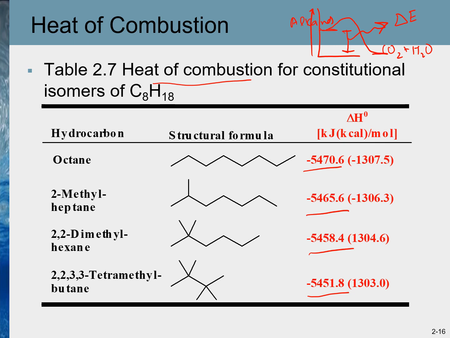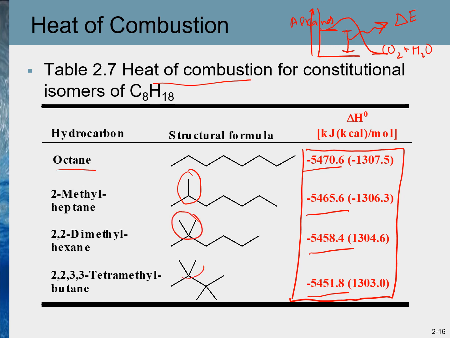This table lists the heat of combustion of constitutional isomers of octane. By inspecting the values, we can see that as the branching is going up, for example, in this case we have only one branch, two branches, and then eventually we have four branches, as the number of branches is going up, the energy release is going down, so less energy.